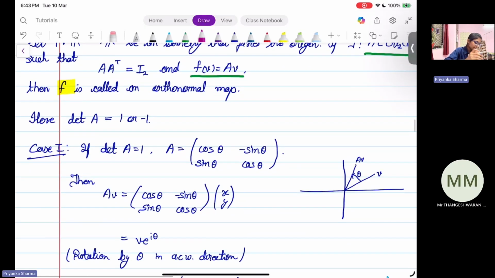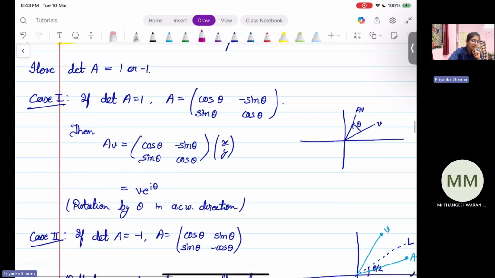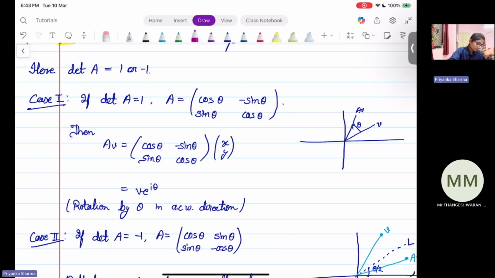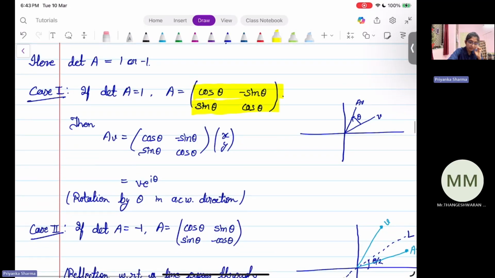Consider the first case, when the determinant of A is 1. Then A will have this form: cos theta, minus sin theta, sin theta, cos theta. You can check the determinant of A is 1. And in this case, if we write Av, this is the matrix and this is the point. So this is actually v times e to the i theta. We can check it. Okay, so this form is actually the rotation by angle theta of this point v.